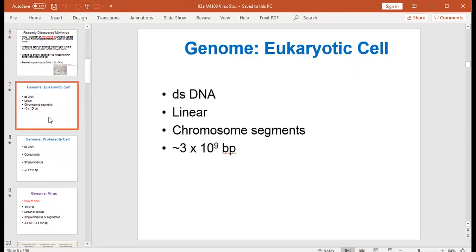Slide number 7 talks about the genome of eukaryotic cells. The genome of eukaryotic cells is double-stranded DNA. It's linear and is made up of chromosome segments, and it's roughly about 3 times 10 to the power 9 base pairs.